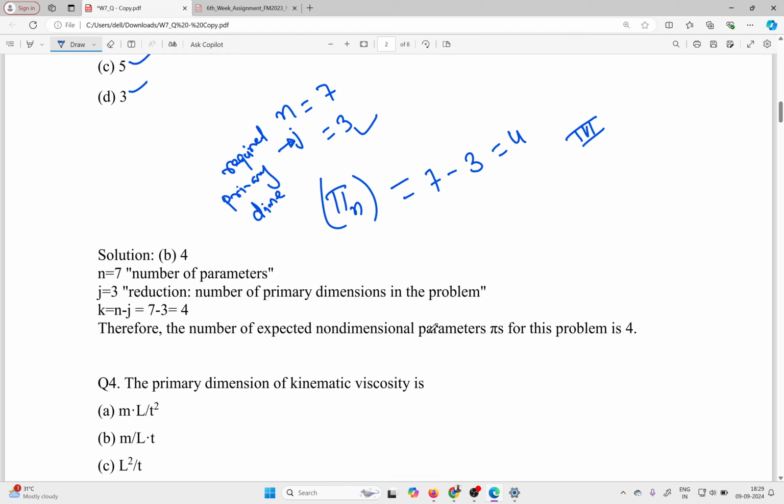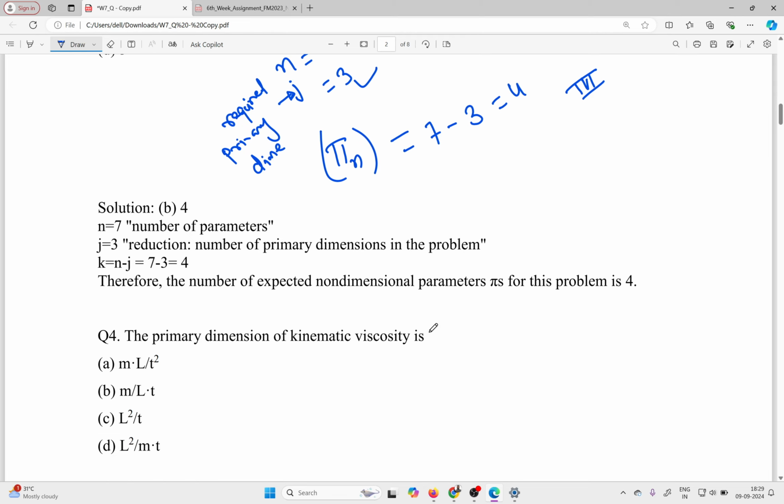Next question, question number 4. Question number 4: the primary dimension of kinematic viscosity is, options: M over L T squared, M divided by L T, L squared by T, L squared divided by M T. Which option is correct for question number 4?